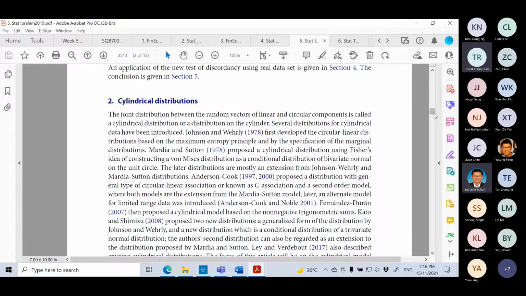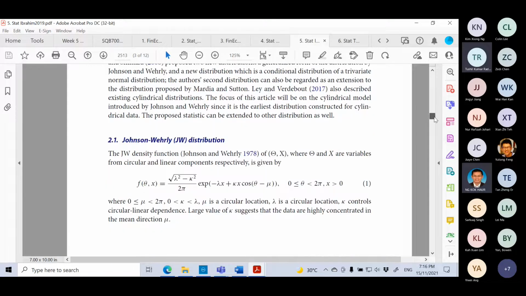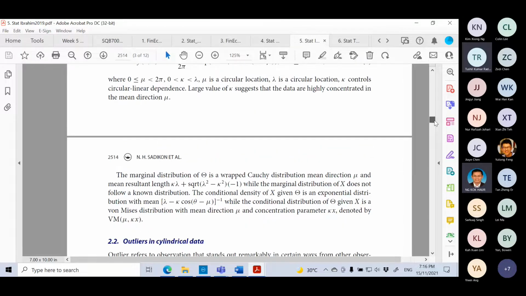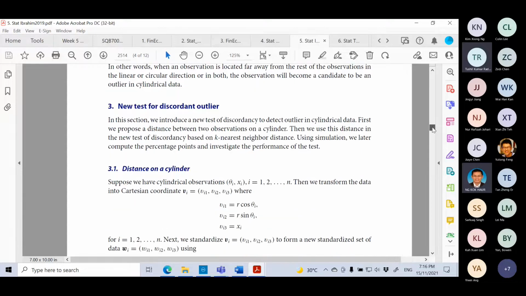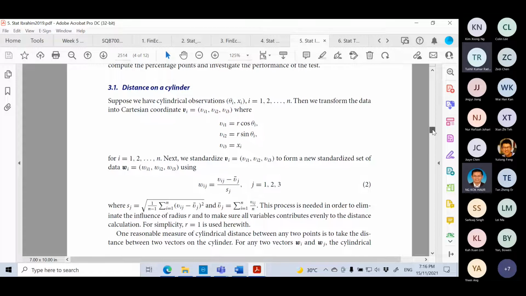They write the format here, and then they talk about the distribution. From this distribution, what else do they do? They concentrate on the outlier in the cylindrical data, and then finally they propose a new test. For the test, of course, they need some methodology to support their new test.